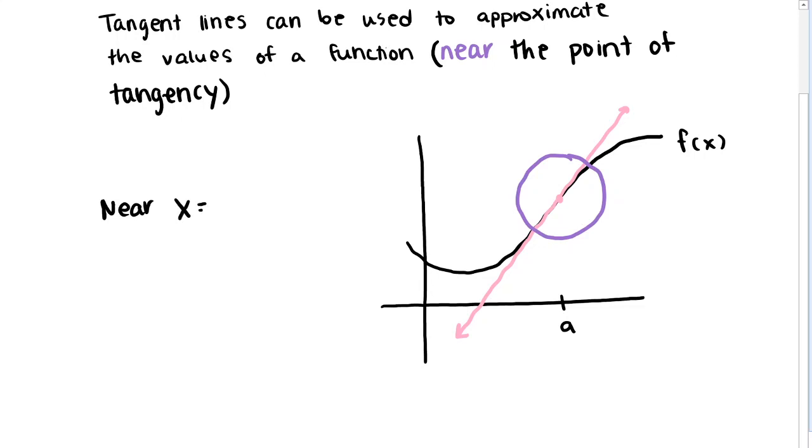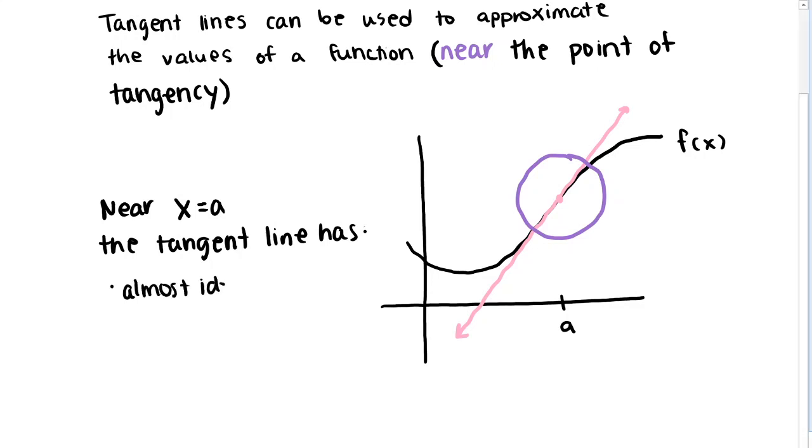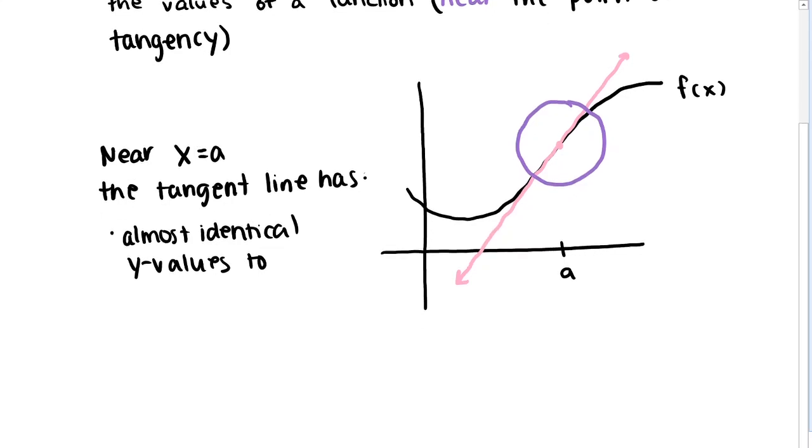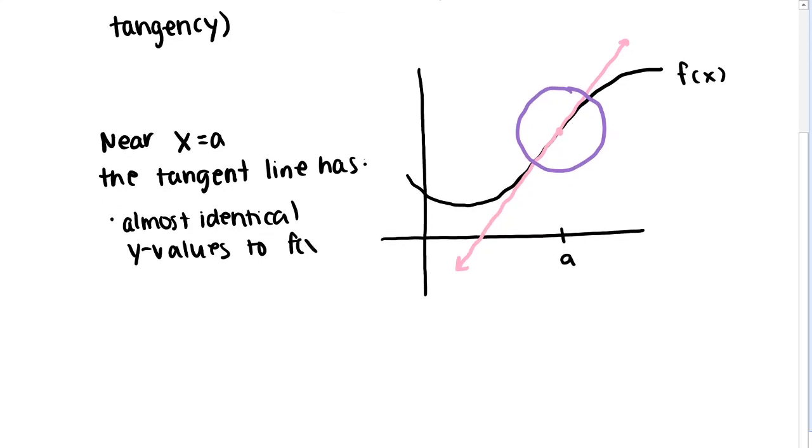So near x is equal to a, the tangent line has almost identical y values to our original function, and almost identical slope, or first derivative.